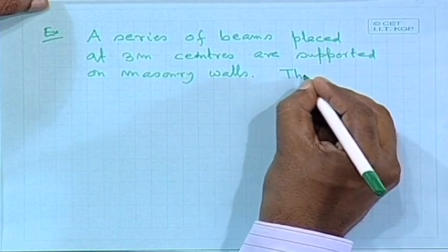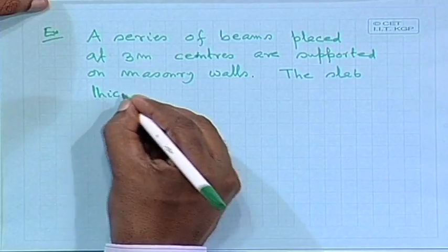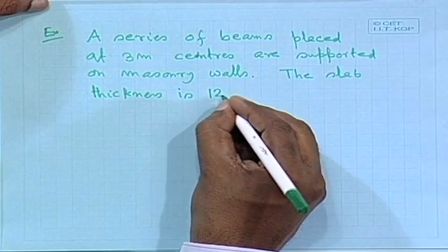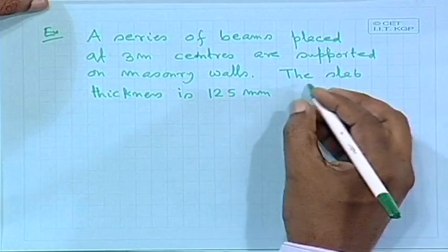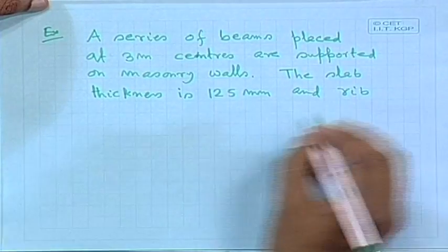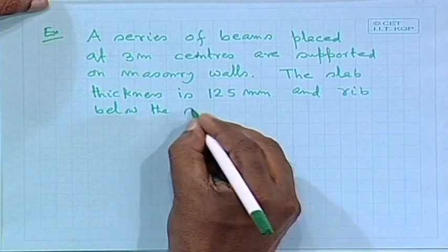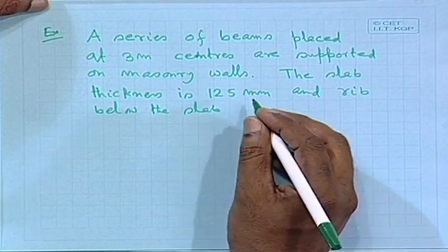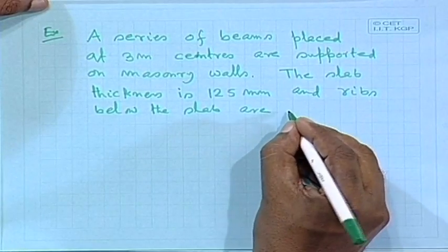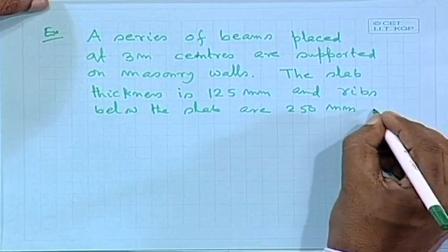The slab thickness is 125 millimeter and the ribs below the slab are 250 millimeter wide.